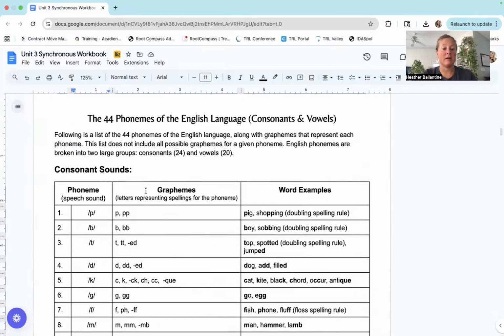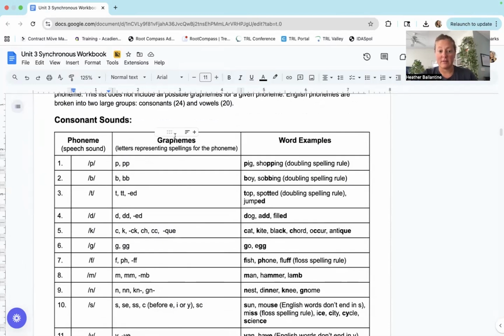So in the middle here, we have graphemes. Again, we know EME means smallest unit of. Graph has to do with a visual, something that is drawn out or made on paper, or not necessarily on paper anymore. But here are the symbols or graphs, the pictures that we use to show the sounds.